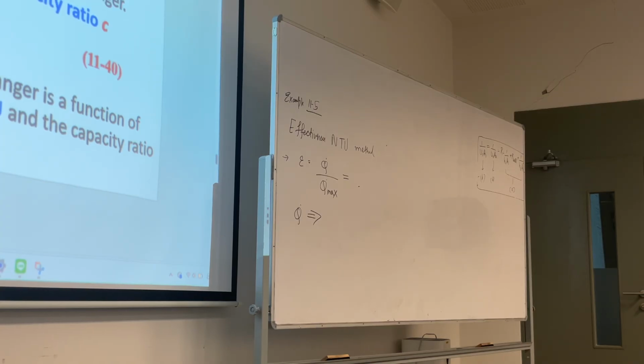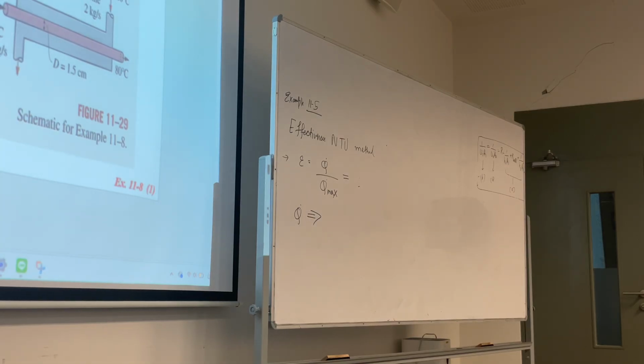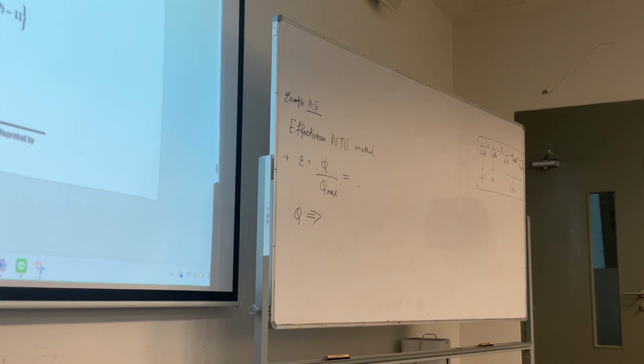You have two tables. The first table gives epsilon for the double pipe counter flow equation. But anyway, you have to calculate NTU, and the value of NTU is not given in your question. So you cannot use this table. You can use the other table because small c and epsilon you can calculate.